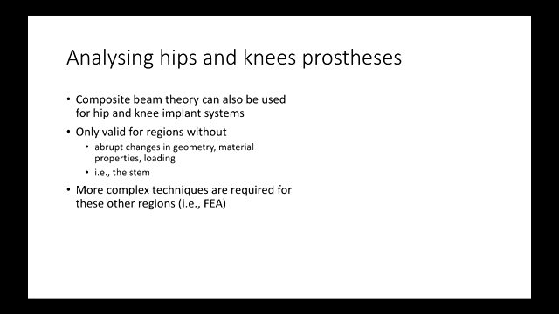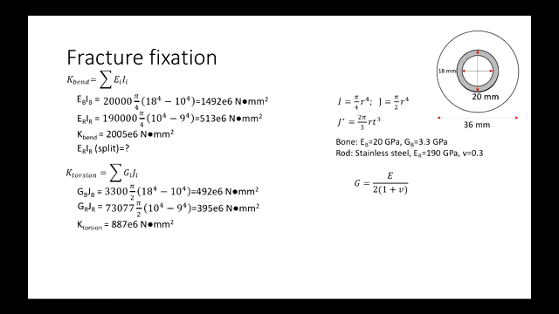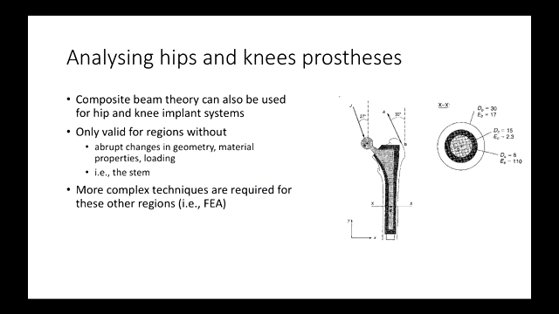All right, so analysing hip and knee prostheses, how do we do that? Because these were for fracture fixation plates. You can do composite beam theory. So this here was the composite beam theory. You have your implant, and in this case you have the cement going around it. This is a hip replacement, right? And then outside that you have the bone.